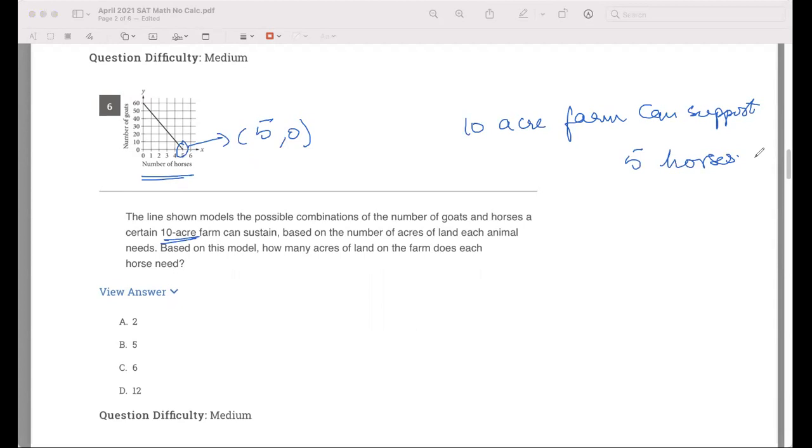Then there are 5 horses that the 10-acre farm can support. So 5 horses need 10 acres. So 1 horse would need 10 by 5, which is 2 acres of land. So 2 acres of land is what each horse needs, right? Option A.